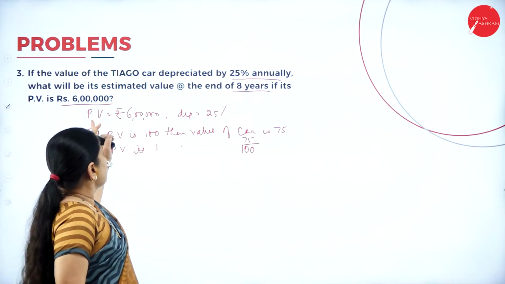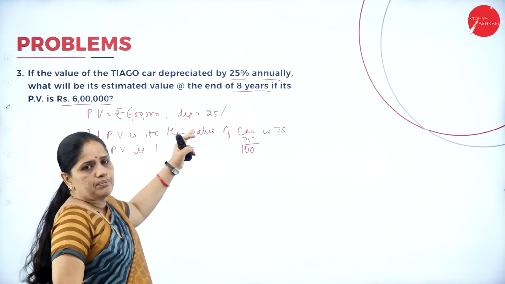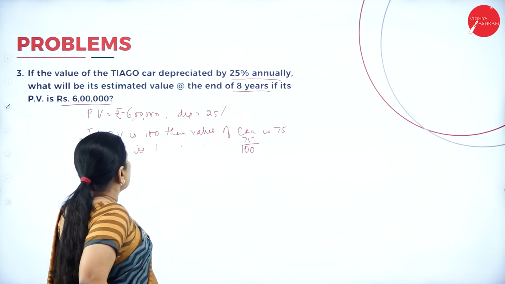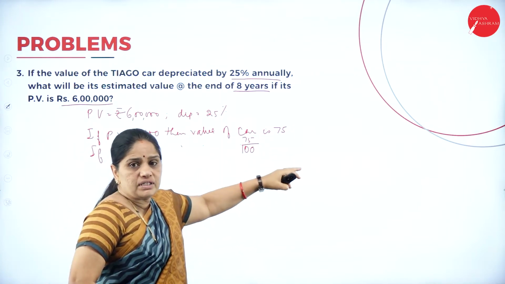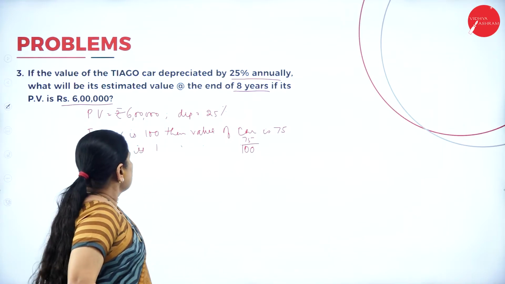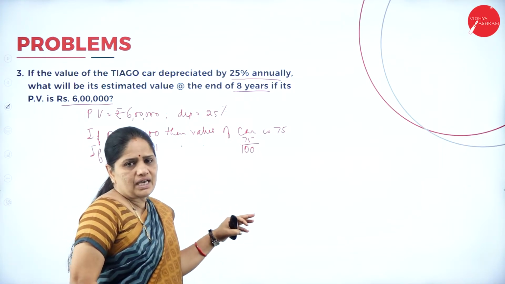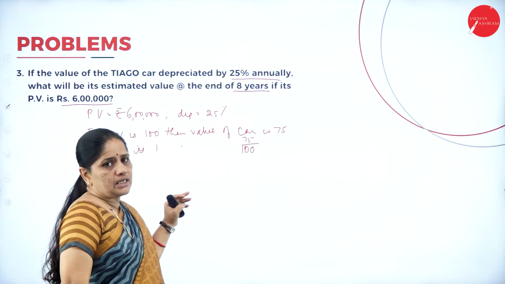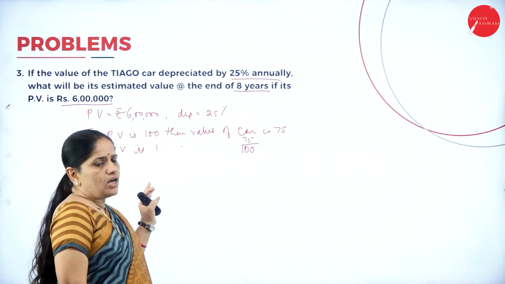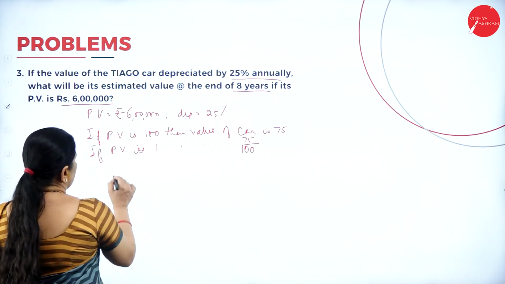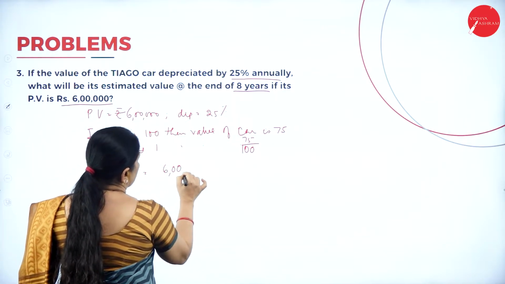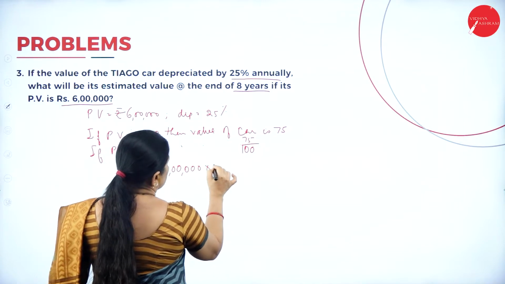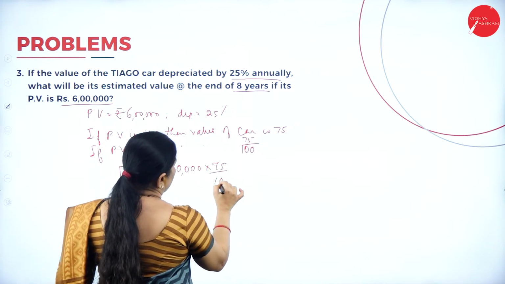If you can see here, the PV is 6 lakhs, the depreciation is 25%. So, that means if the PV is 100 now, then the value after 1 year will be 75. So, if the PV is 1, then the value will be 75 by 100. So, if we go by this logic, then the PV is equal to 6 lakhs into 75 by 100.